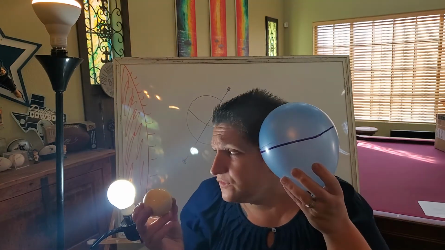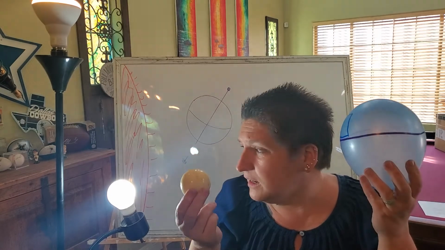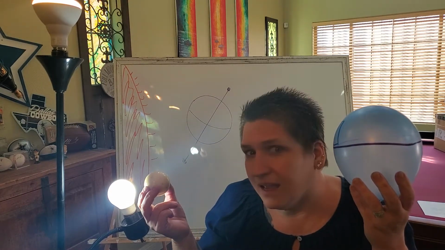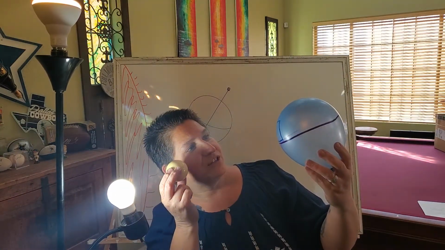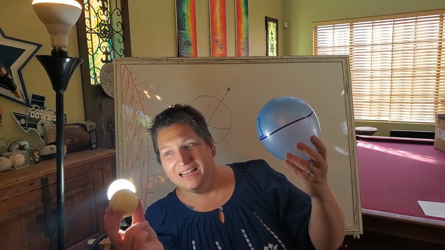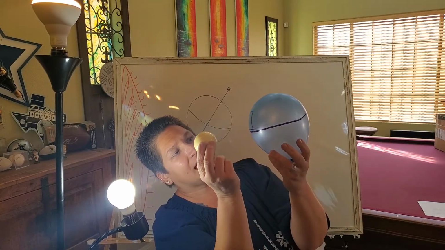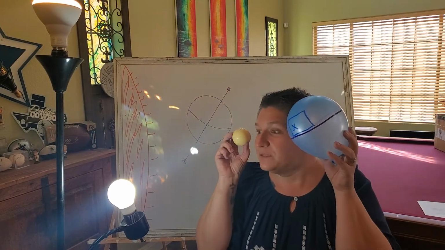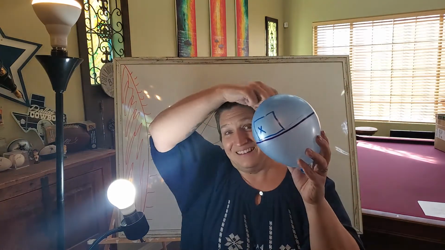Then if you're in Las Vegas looking this way, I mean, use your small sphere and roll that in front of your light source and you'll see a shadow cast on your larger sphere. Do you see that? Can you see it? So here's my moon and it's going to cast a shadow on my Earth because the moon is going to pass between the sun and the Earth during its orbit, right?